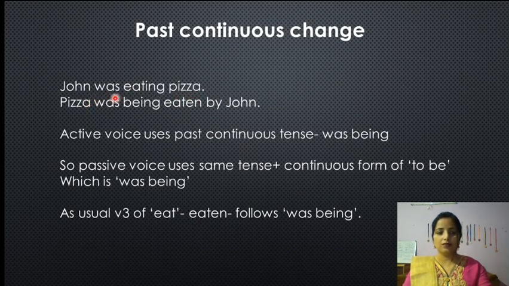Because it is in past tense, was will come as it is. It is not only in past tense, but it is in past continuous tense. But we cannot use eating over here because we have to use V3. So we use to be in the form of continuous, ing. Continuous means ing form. Okay.